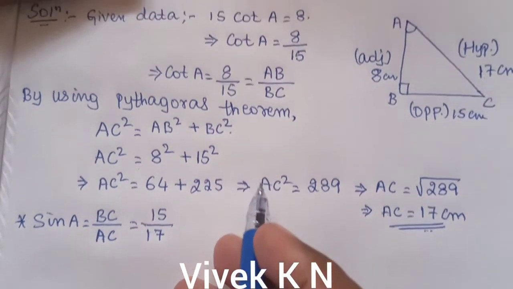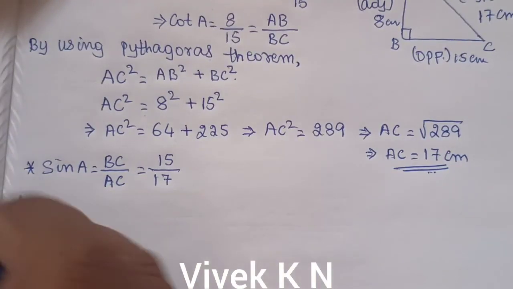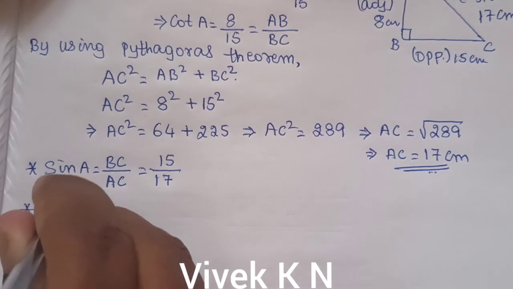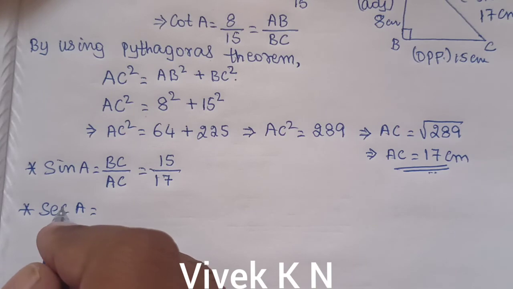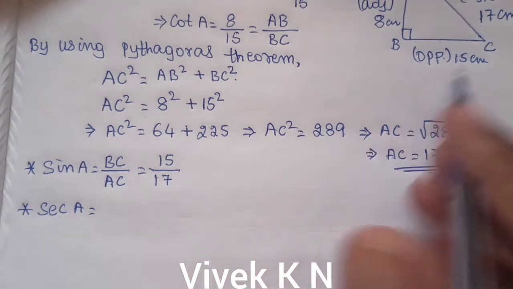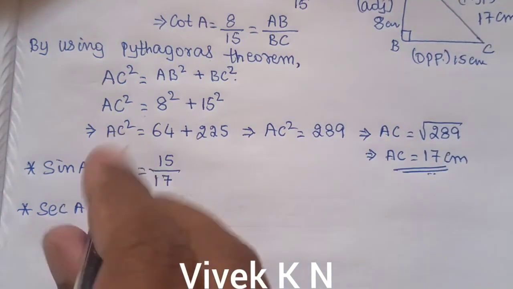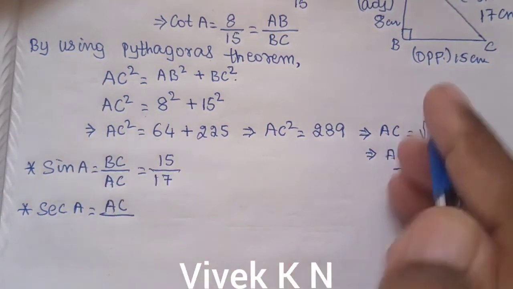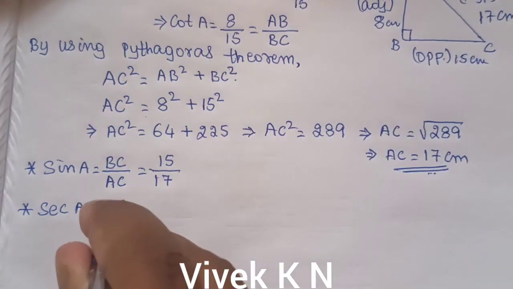Then we have to find out the value of secant A. The definition of secant A is hypotenuse by adjacent. That is, the hypotenuse is AC, divided by the adjacent side, which is AB.